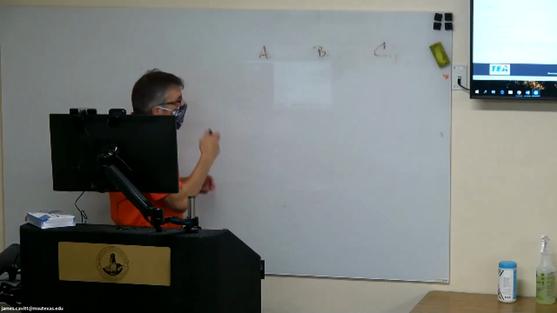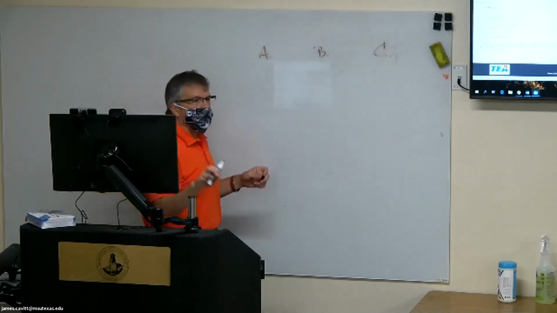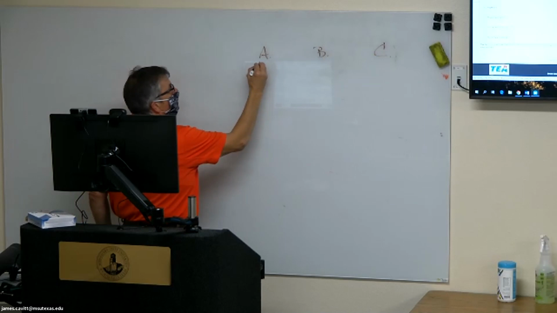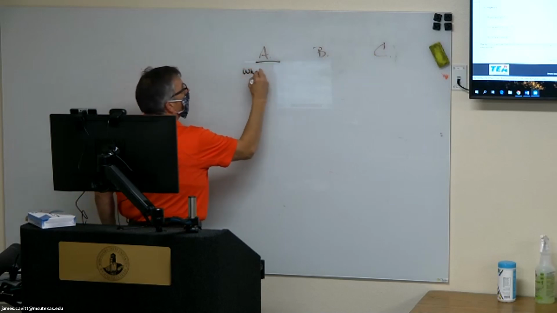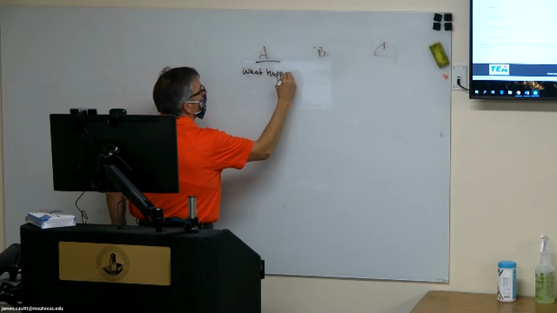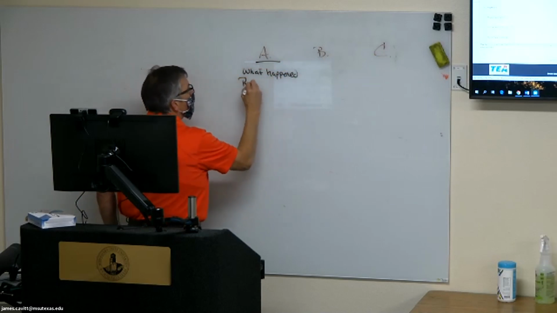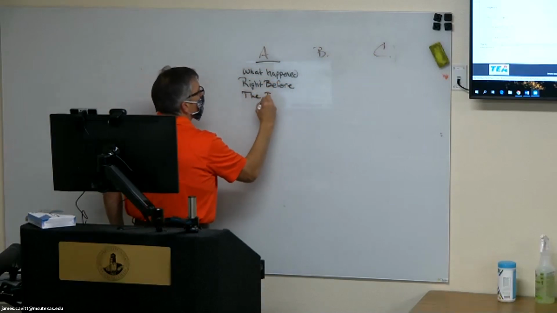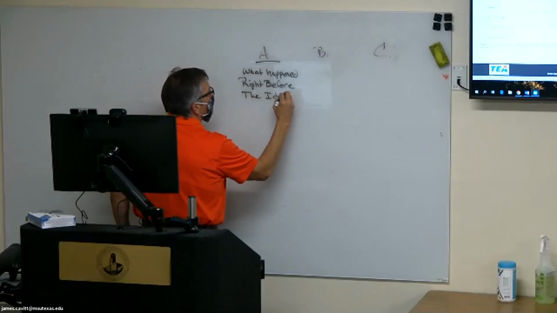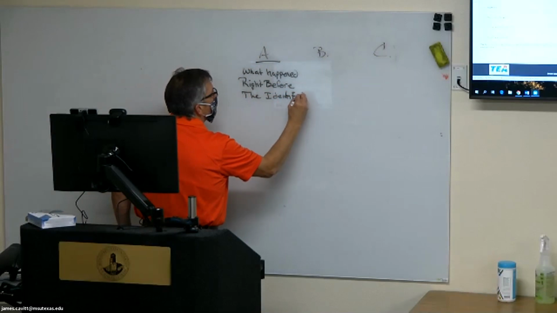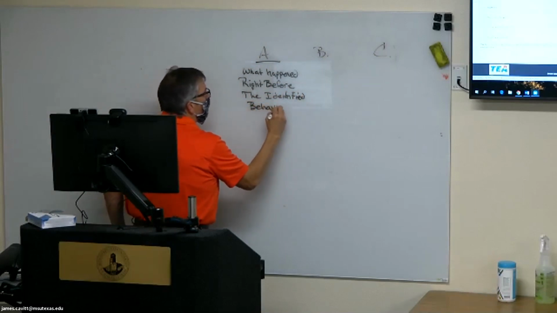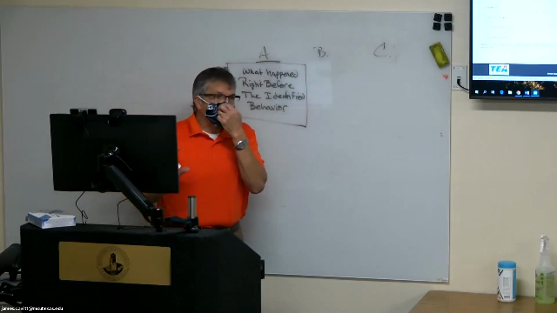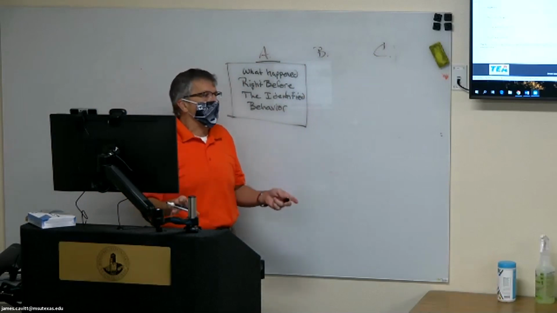What does antecedent mean? In this case, I'm not worried about setting antecedents, I'm triggering antecedents. So antecedent means what happened right before the identified behavior. That's the antecedent. For example, giving somebody a difficult assignment to do independently.